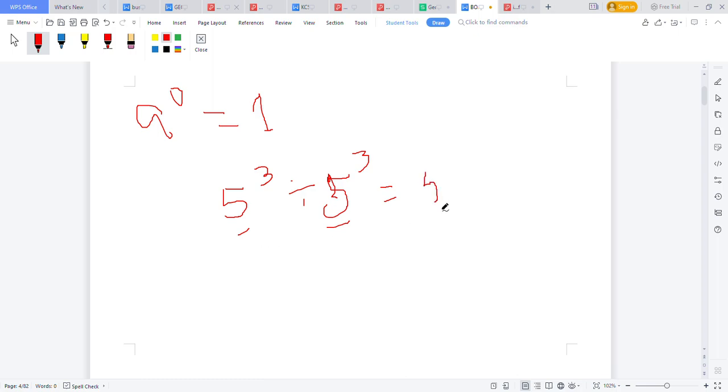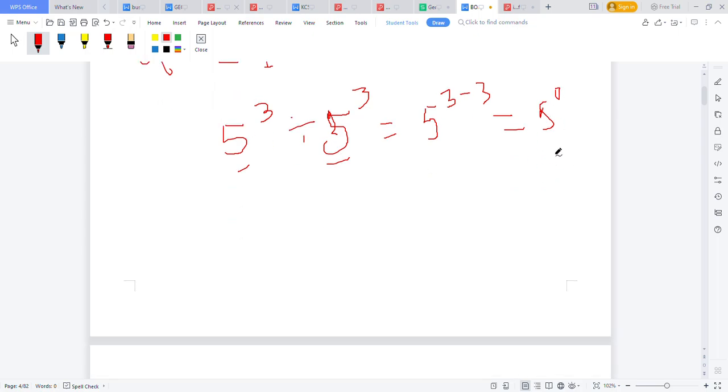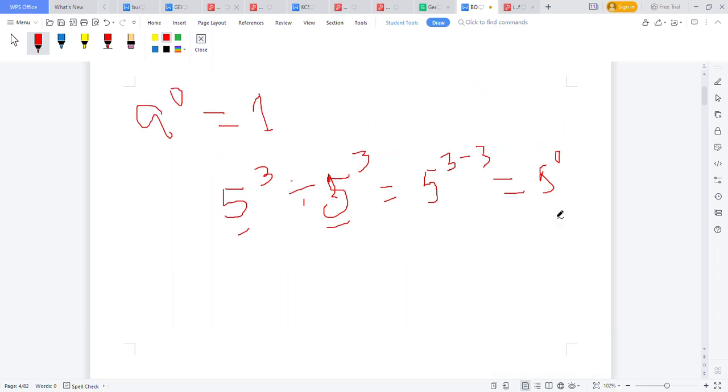So you're going to have 5 raised to 3 minus 3, so you're going to have 5 raised to power 0. But you have said any number raised to power 0 is equal to 1. So is 5 raised to power 0 equal to 1? Yes, it is equal to 1.